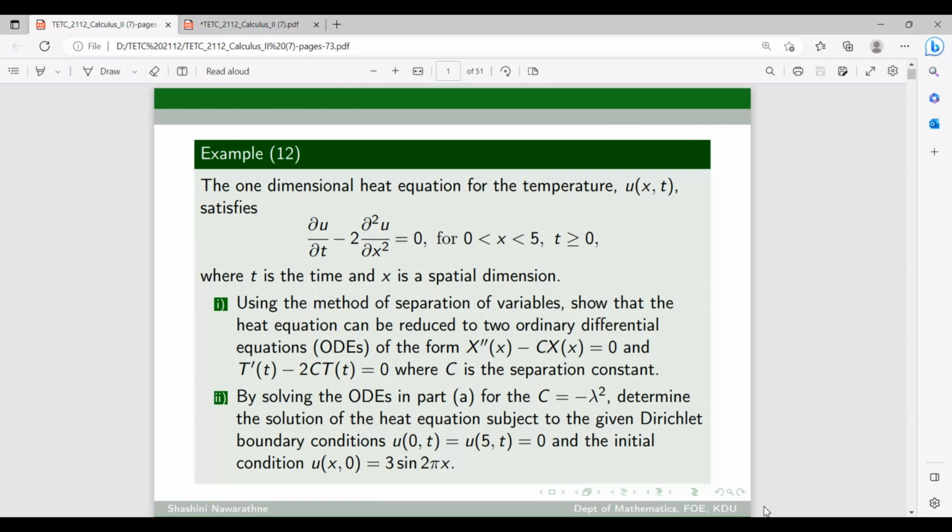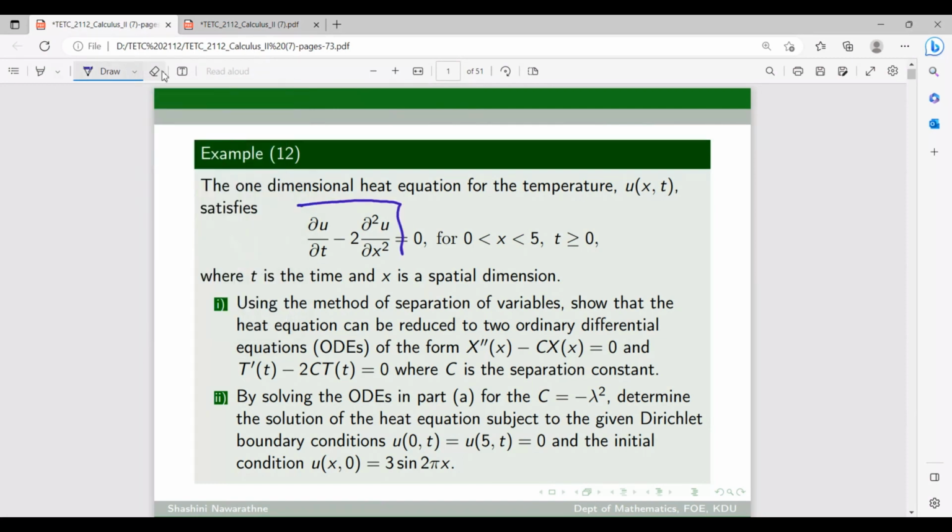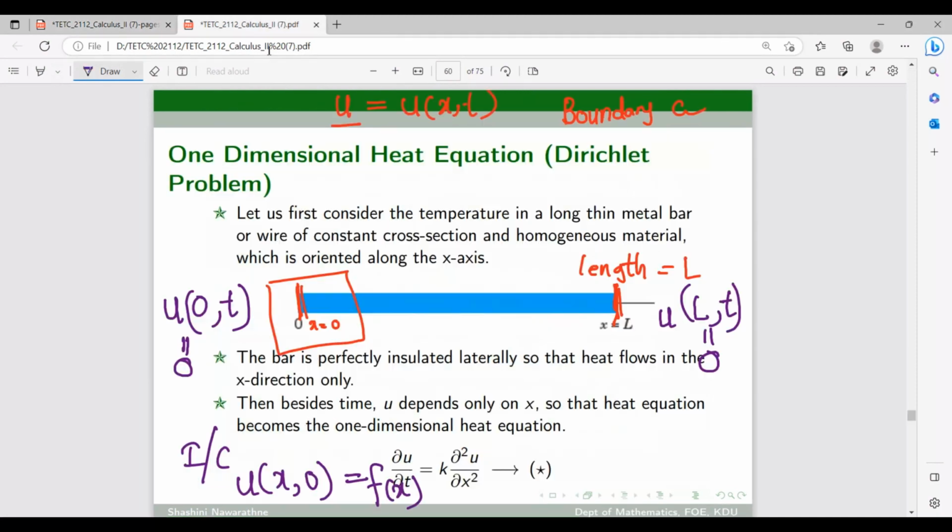So what is the meaning of this? This is the heat equation. If we compare this with the earlier case, what is the value of K here? In the earlier case, the heat equation was defined as ∂u/∂t equals K times ∂²u/∂x².